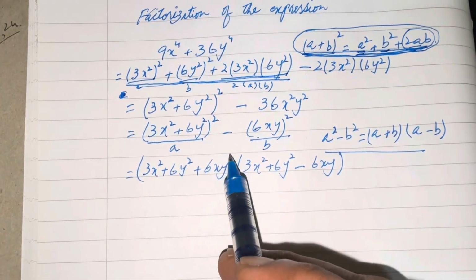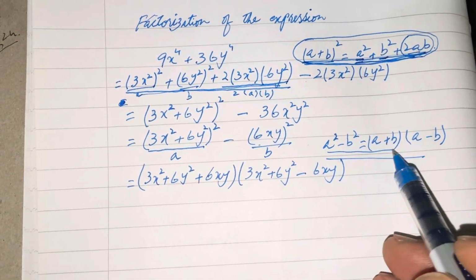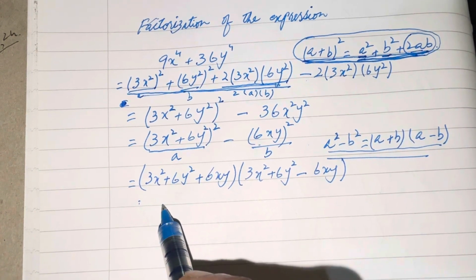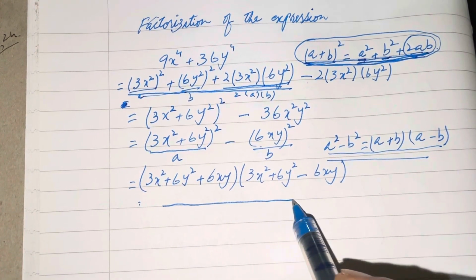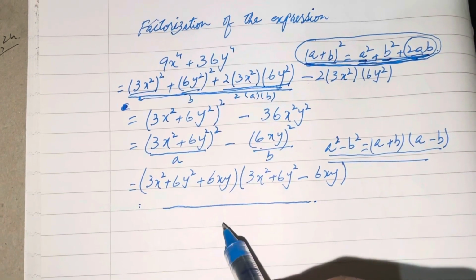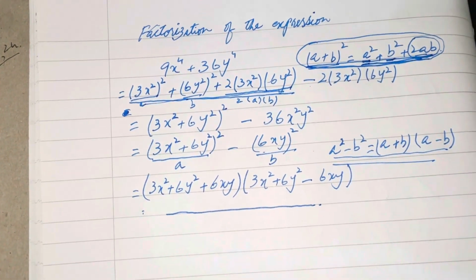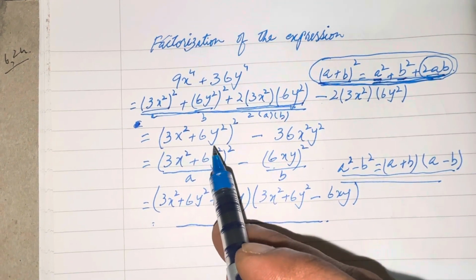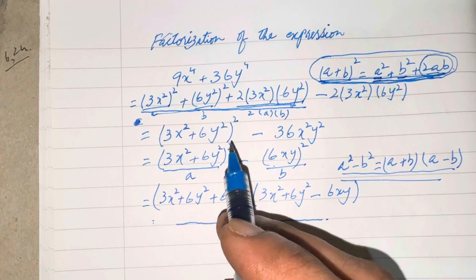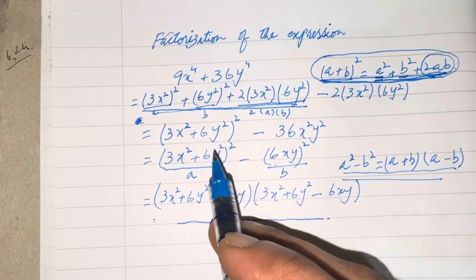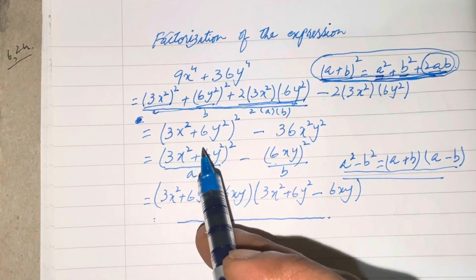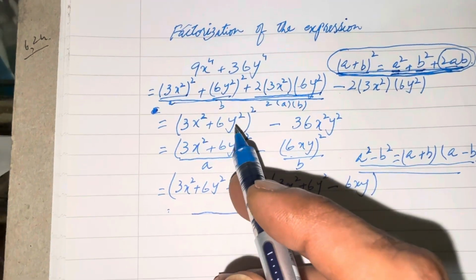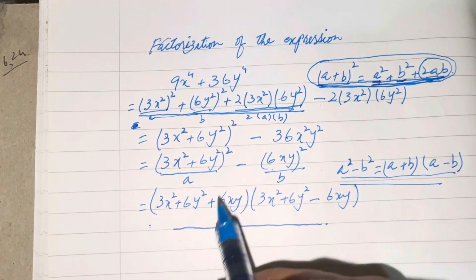And in the next step, we have used this formula to solve this expression. So that's the factorization that we have completed in this way. So hopefully you will understand the things when you will watch this video. I have tried my best to give you the good way to understand the question that how we will solve it.